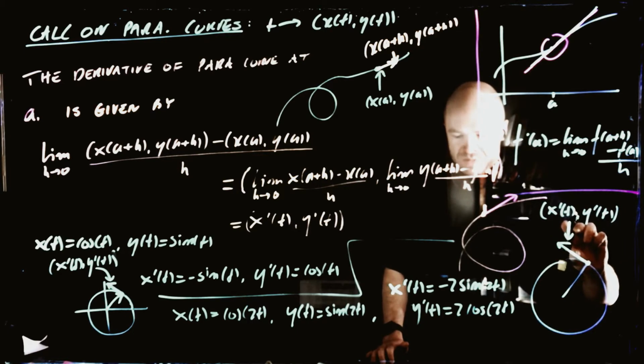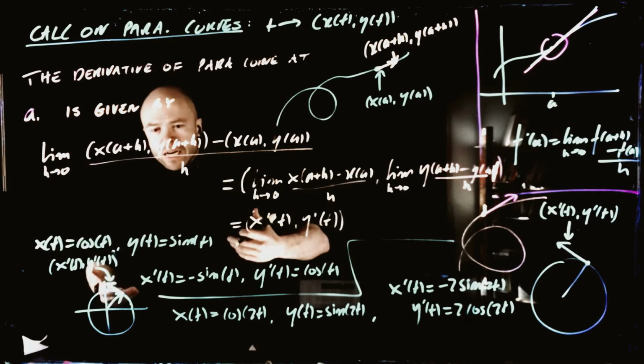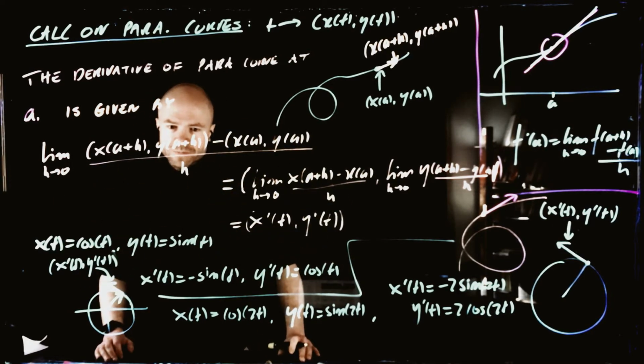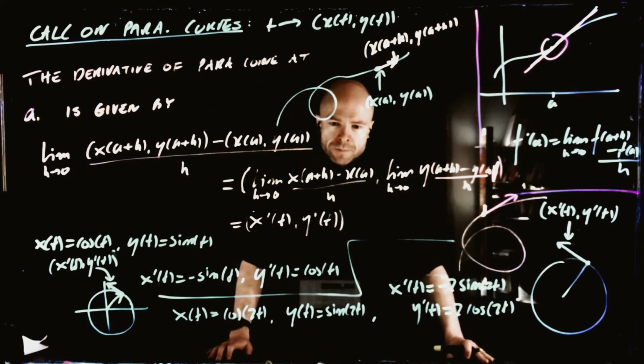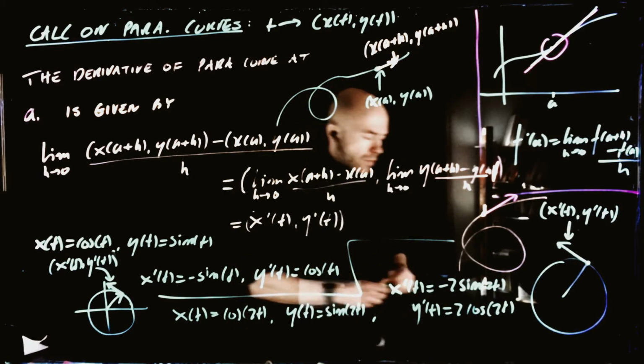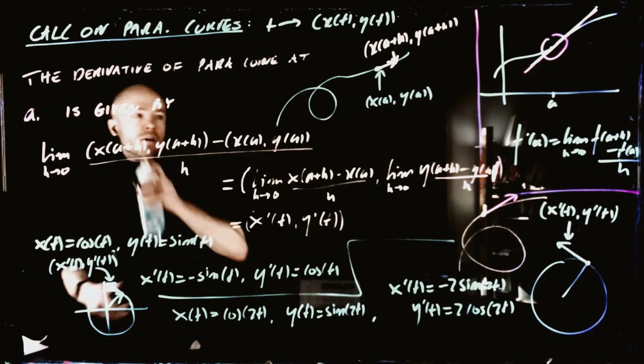So the key takeaway is that the derivative now is not a number, it's a vector. It's a 2-vector, and it has to be a 2-vector because it has to encode more information. Cool. All right, so that is the beginning of calculus.